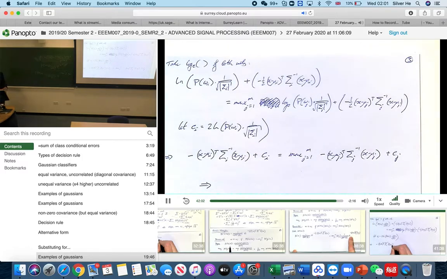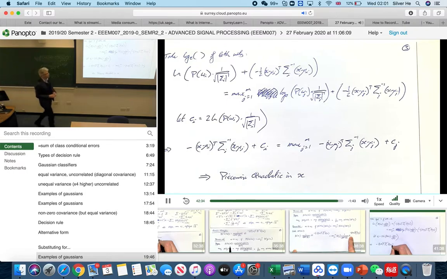And although this might look not quite so nice, really what this is, we can see here that it depends on x twice and some covariance matrices and so on here. So what this says is this is piecewise quadratic in x.